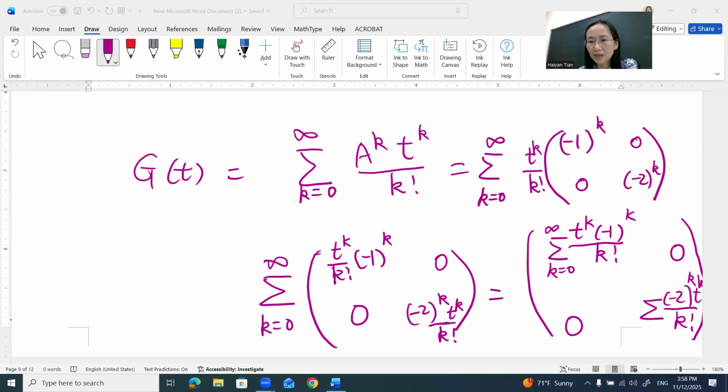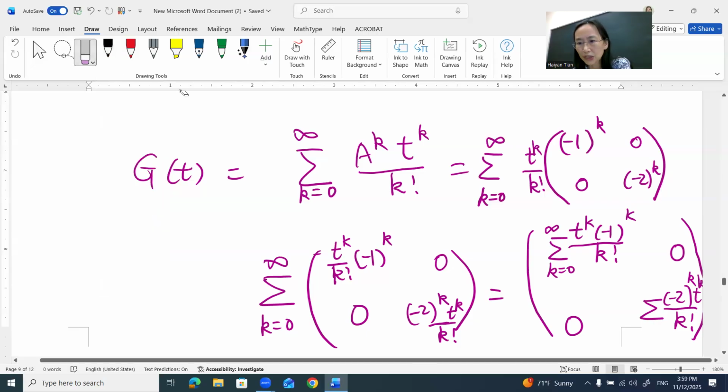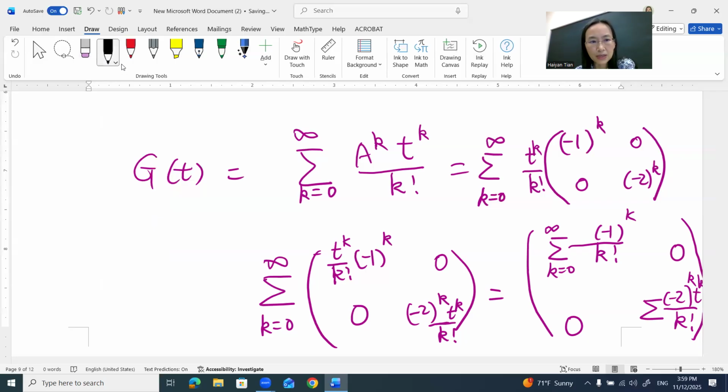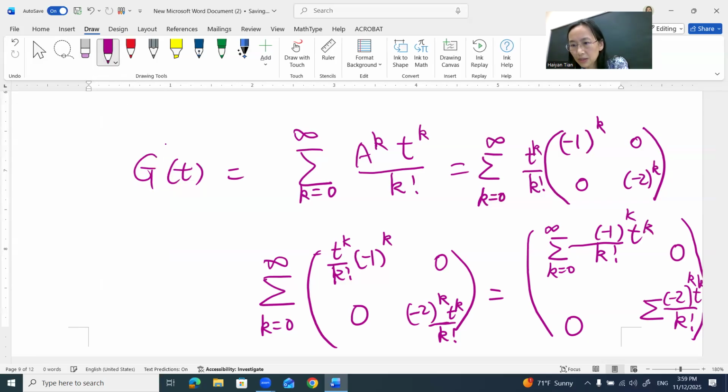So the first diagonal entry, let's look at this. Let's just put t to the K here just to be consistent, right? So t to the K over K factorial. Here is also t to the K over K factorial. So do we realize what that is? A typical term is given as this, and it's a summation of this.